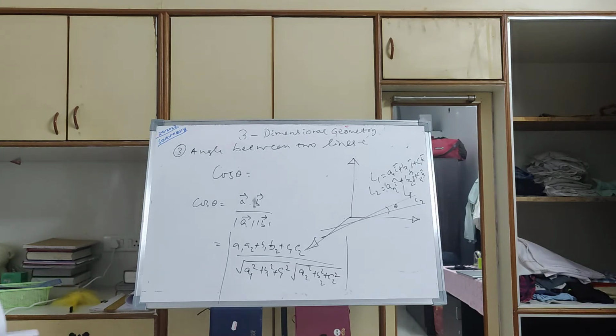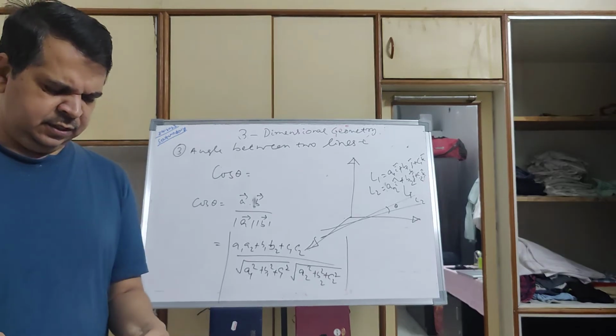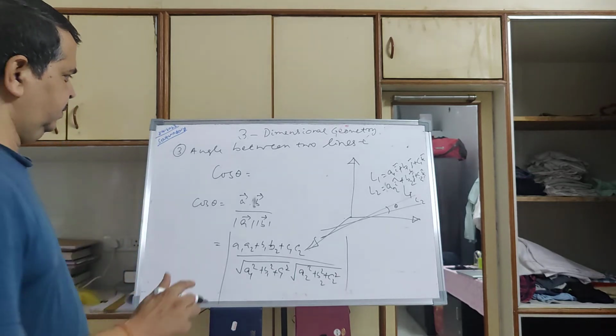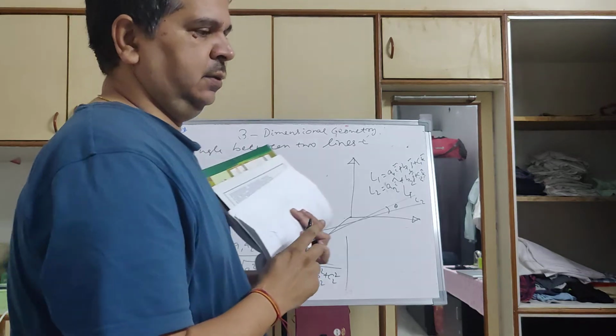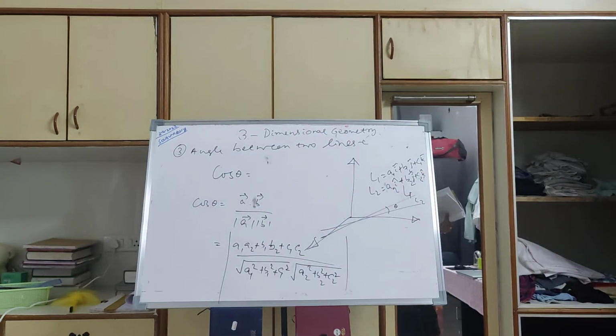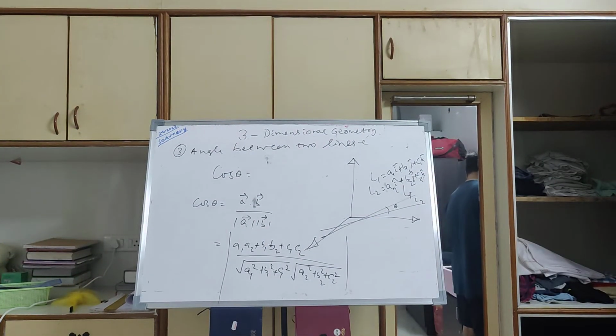So let us solve a typical numerical on this. One example is given. Let us say the angle between vector b1 and b2.